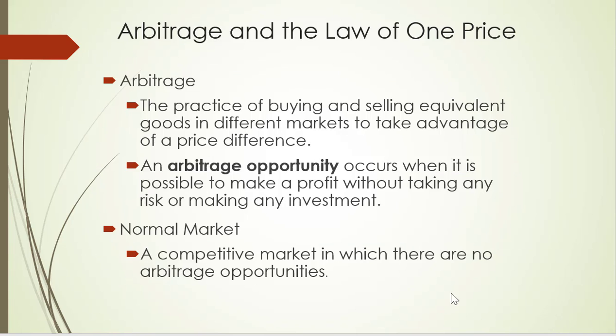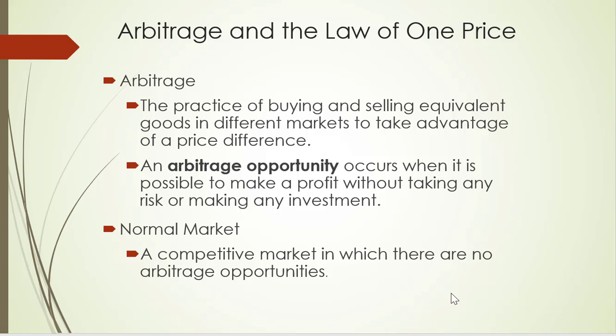What this introduces us to is the concept of pricing. So we have something called arbitrage. Arbitrage is the practice of buying and selling equivalent goods in different markets at different prices to take advantage of those prices. So this occurs when it's possible to make a profit without really taking any risk.